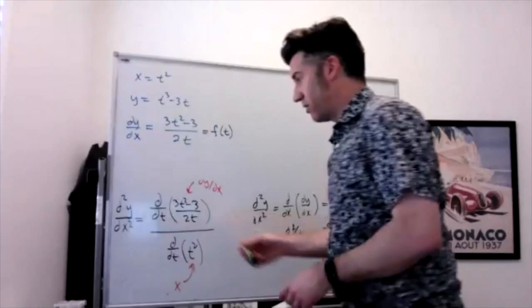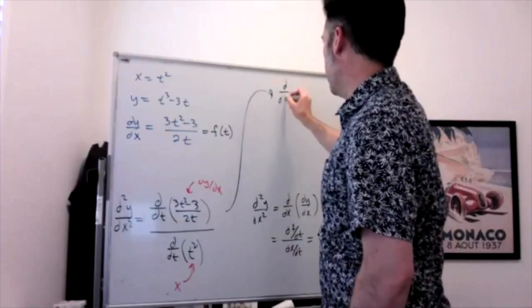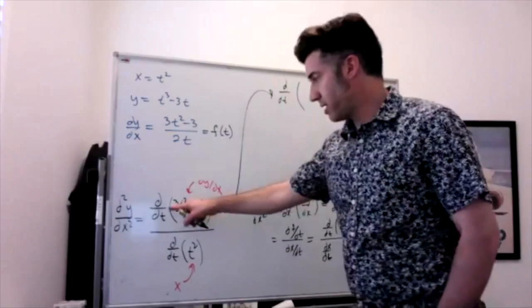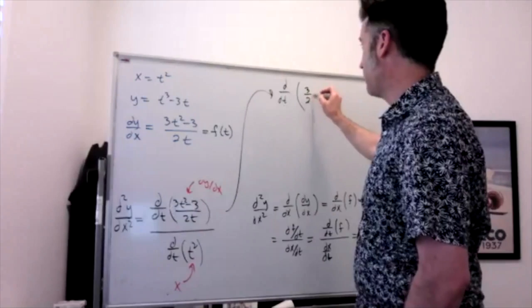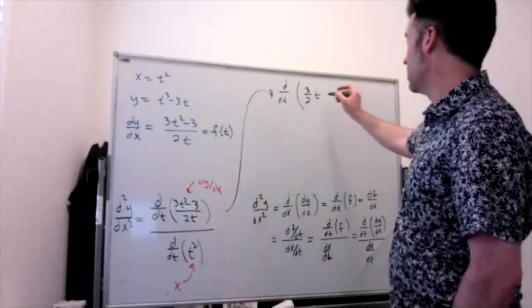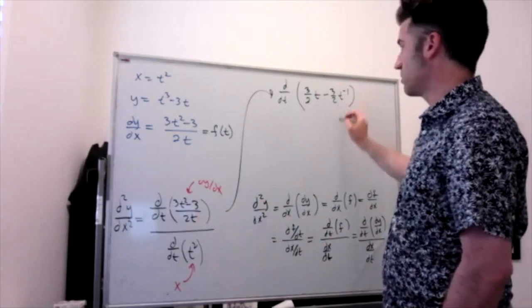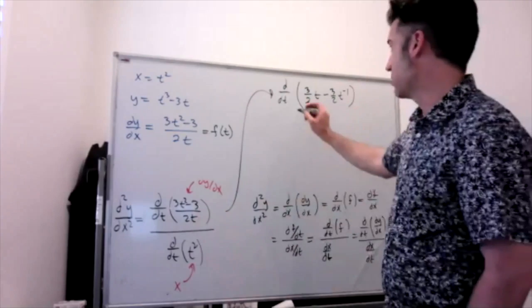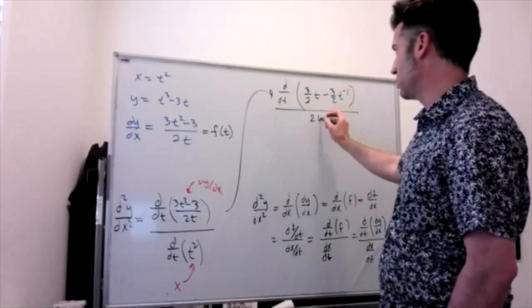I'm going to rewrite this as the derivative of 3t squared divided by 2t, which is just 3/2 t, and negative 3 divided by 2t, which is negative 3/2 t to the negative first, to be a little bit easier to differentiate. Divided by the derivative of t squared, which is just 2t.